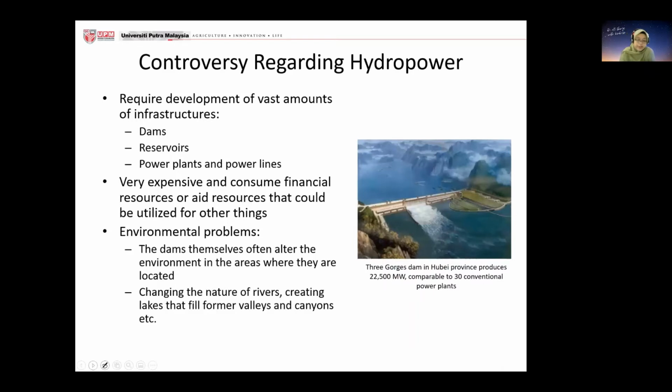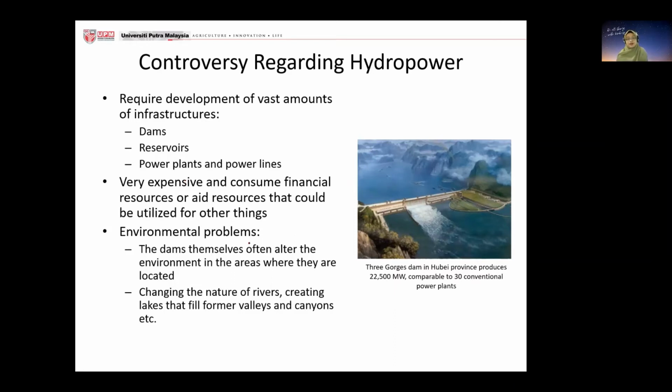There is obviously some controversy regarding hydropower. One of the most basic issues is that it requires the development of vast amounts of infrastructure. There is a need to build dams and a reservoir of water, and you also have to construct the power plants and power lines.